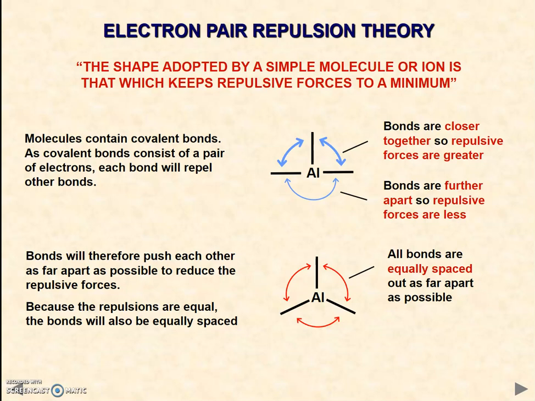The main idea behind this is that pairs of electrons, whether they are bonding pairs of electrons or lone pairs of electrons, also known as non-bonding pairs of electrons, all of these pairs of electrons will repel each other. And they repel each other to get as far apart as possible to minimize the repulsive forces between them.